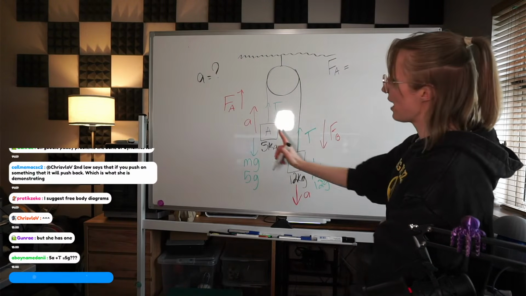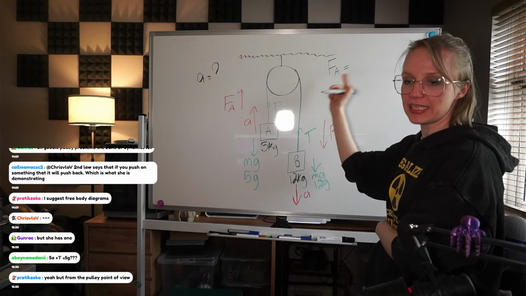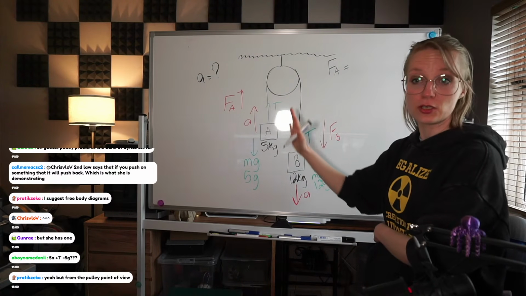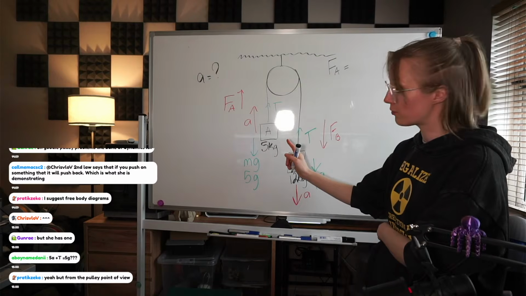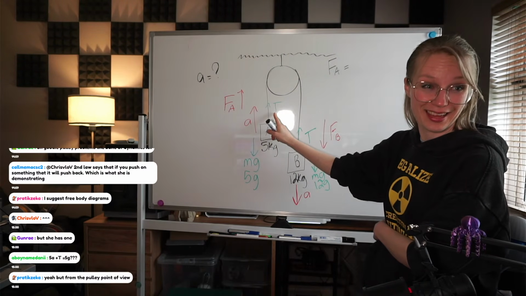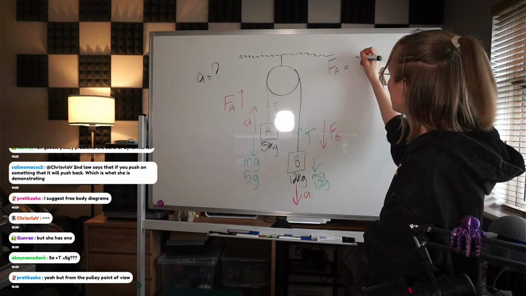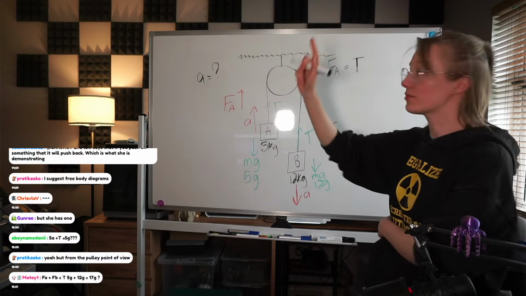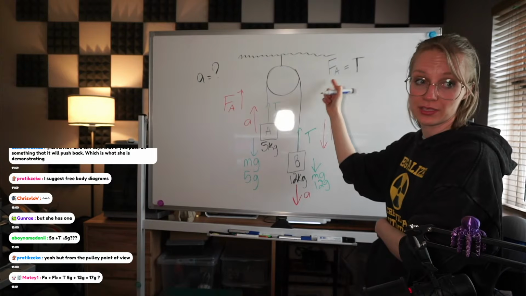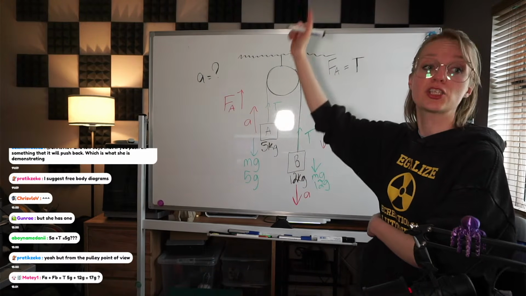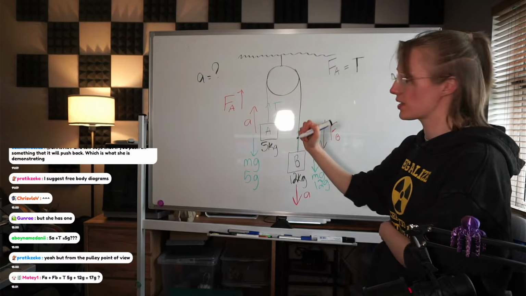So FA is going up, and it's going to equal all the forces, so let's look at all the forces. The forces acting upwards in the same direction as FA is T, the tension. And all the forces going down, we're going to minus them. T is positive because I took FA to be positive. If A is going up and I took FA to be positive, it means that the tension has to be positive on the other side as well.